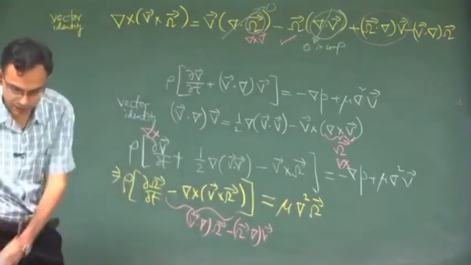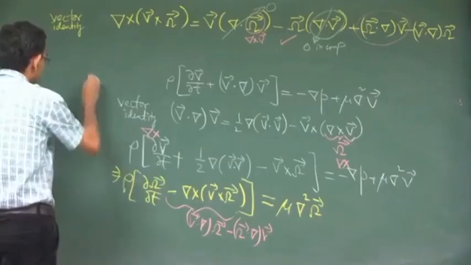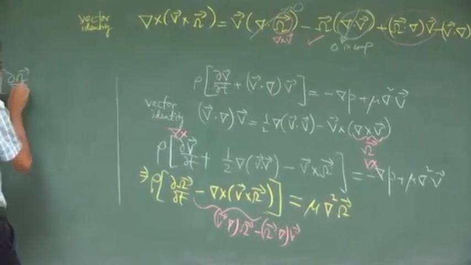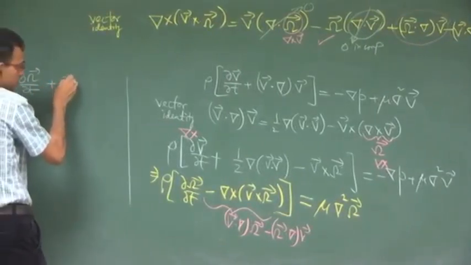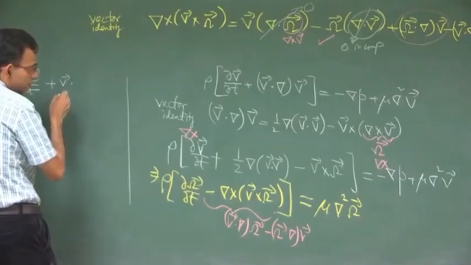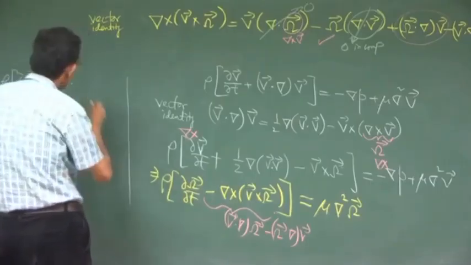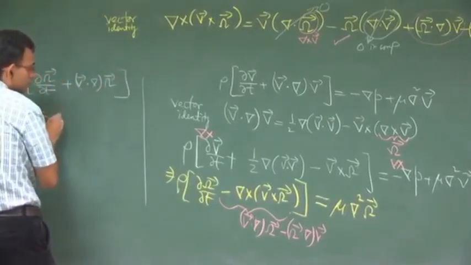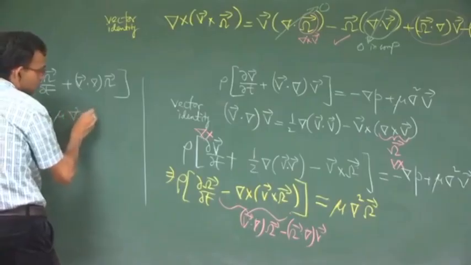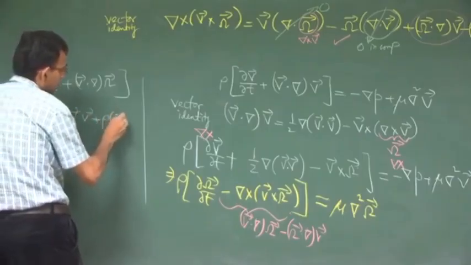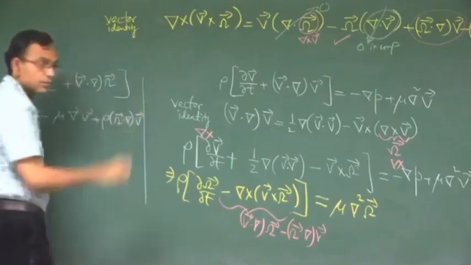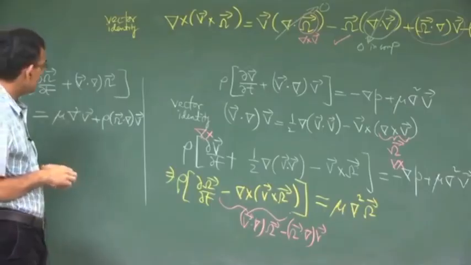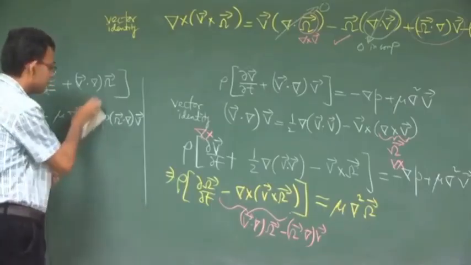So, we can write, this is a, there is a Laplacian of omega, right.